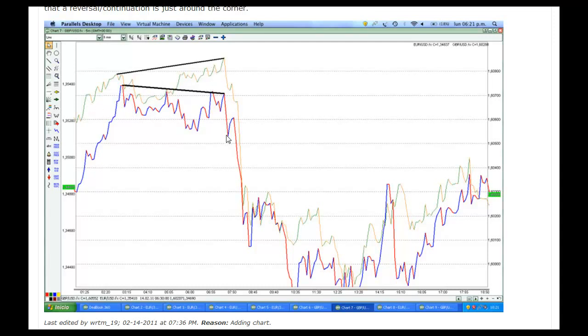Now they both moved down lower, but you're not trying to gauge which one you should short based on this. You can use it like that. I don't, but you can use it for relative strength. In other words, if you want to be selling the weakest and buying the strongest, that's just how you can use it. So, in this instance, you would sell the pound here more than selling the euro.